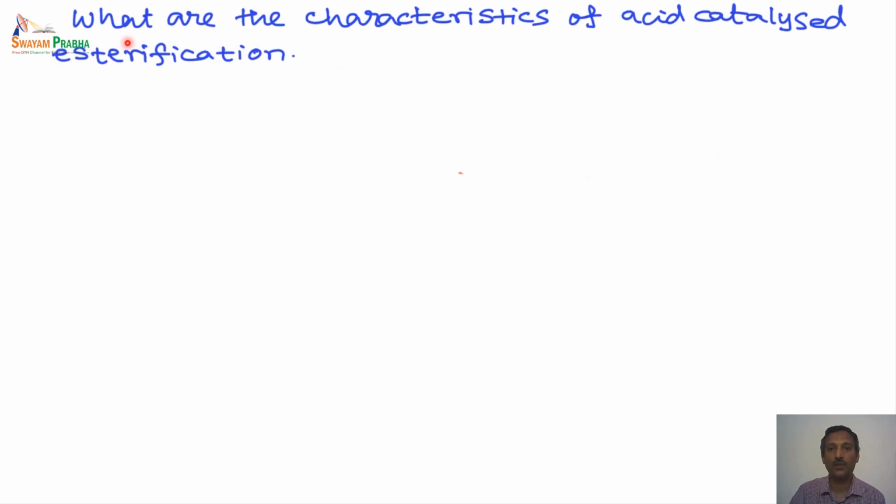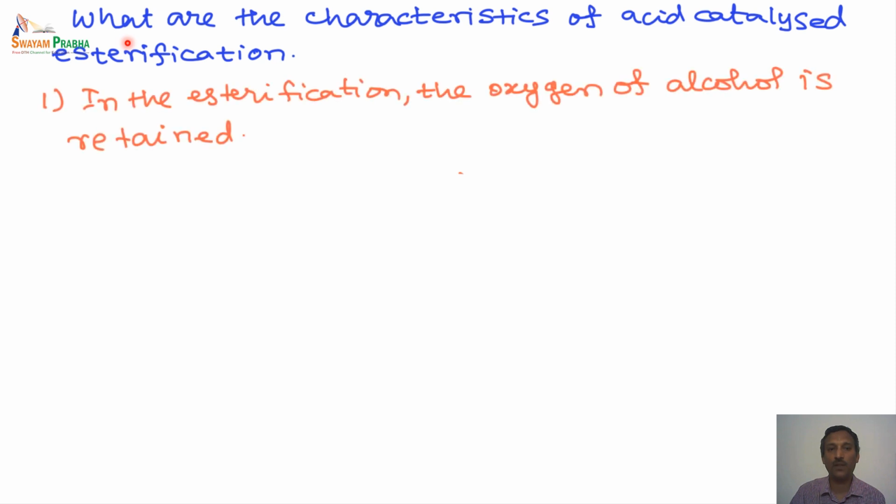Let us look at what are the characteristics of acid catalyzed esterification reaction. So in the esterification reaction, basically the oxygen of the alcohol is retained. In other words, if we have the RCOOH, simply the hydrogen is replaced by R dash, that is possible, or this OH is lost and this RO is incorporated.